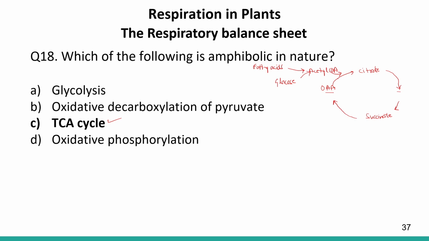So this happens when the organism needs energy. But when there is a sufficient amount of energy, what will happen? Acetyl coenzyme A can get converted back into fatty acids, meaning it can undergo an anabolic pathway. So this happens during the TCA cycle.